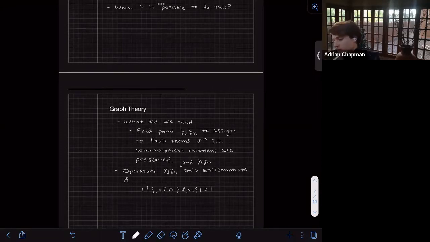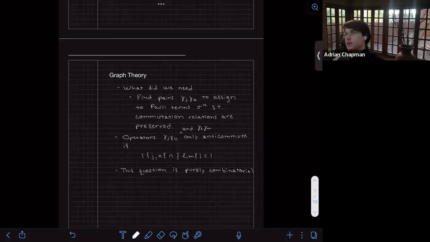So the question that we have is, how do we find these pairs? It can be stated purely combinatorially. When can we assign pairs of modes to the Hamiltonian terms such that the Hamiltonian terms only anti-commute if the pairs we assigned share one mode in common?